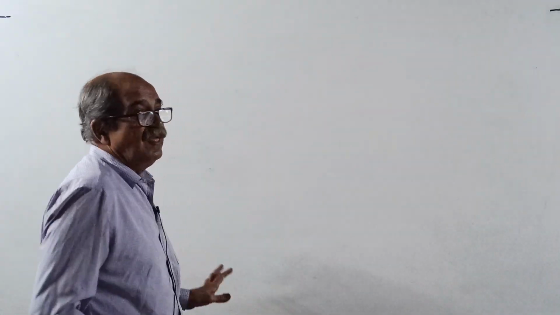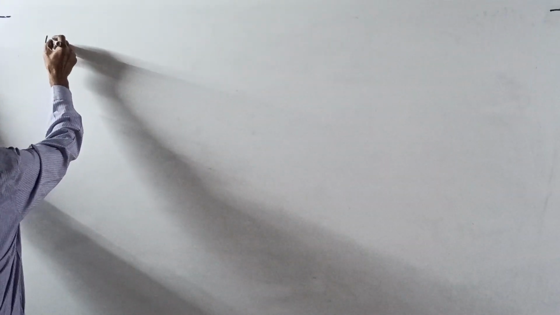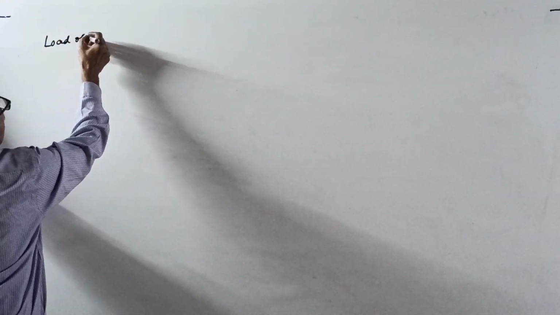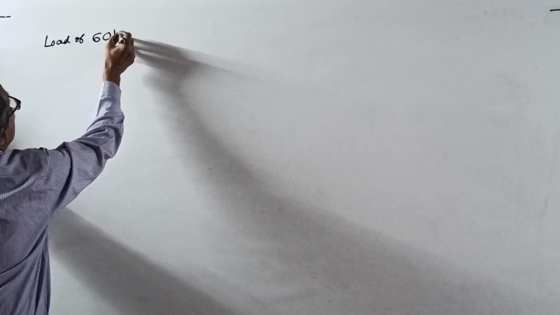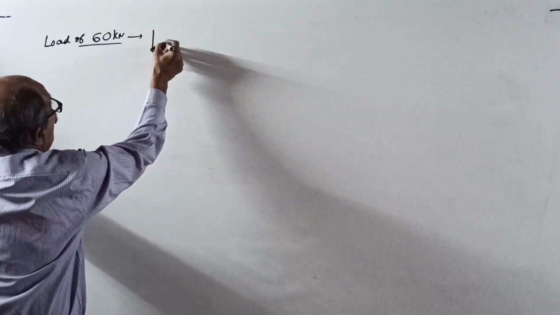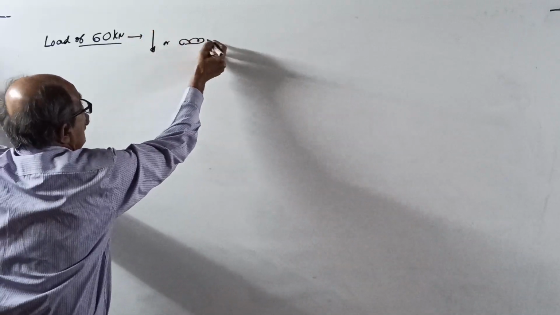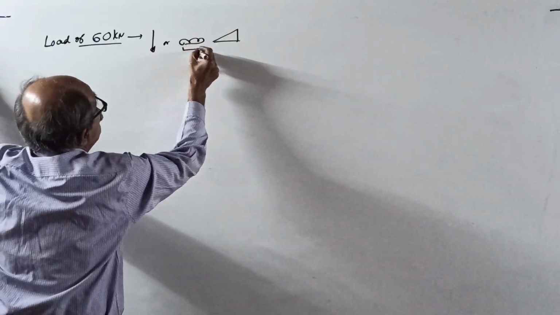Now, first, a simple technical example. Imagine a load of 60 kilonewton. It can be a point load or a distributed load or any type of load. If it is a distributed load, the total is 60.